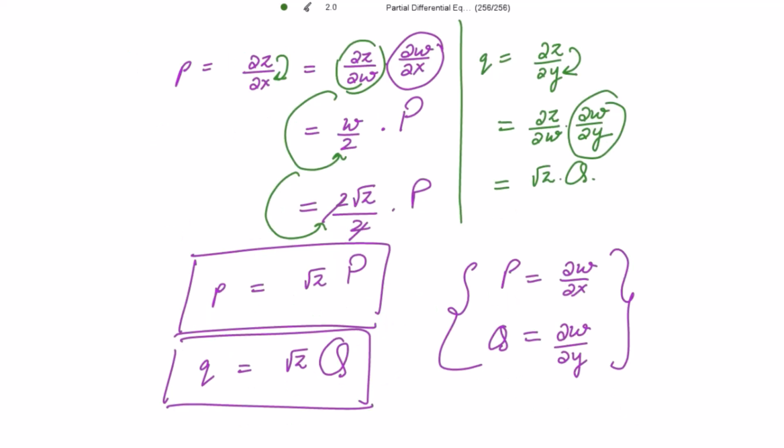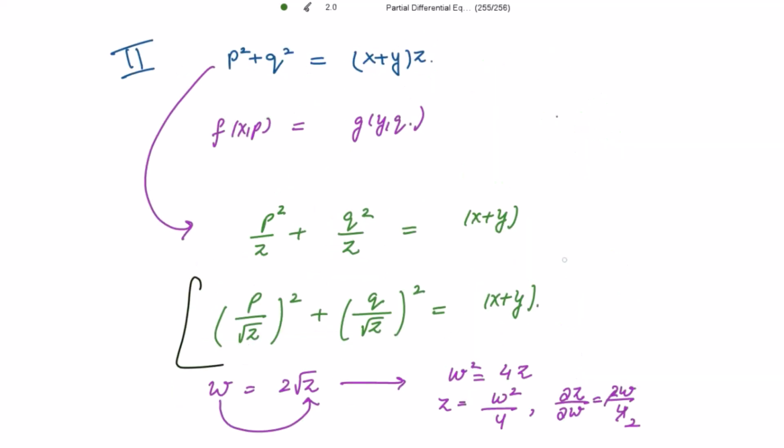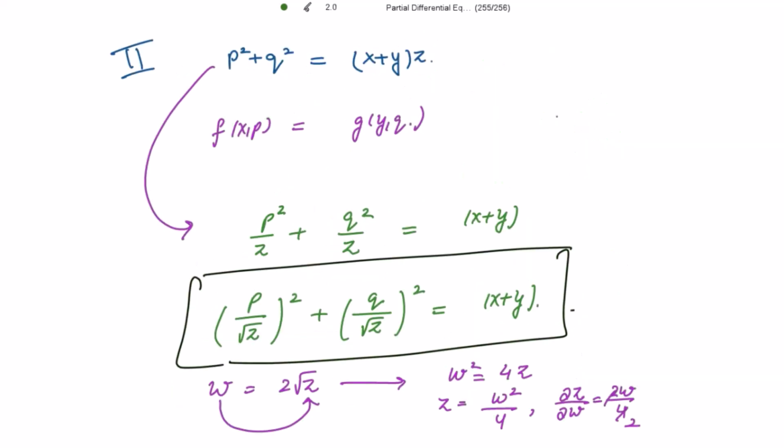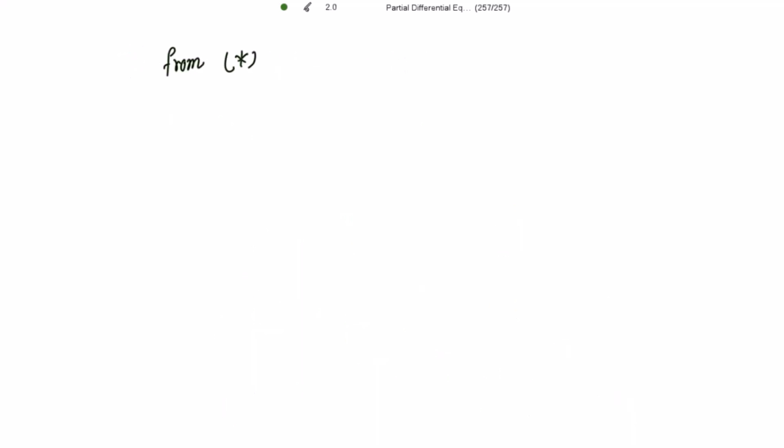When putting back these details of P and Q in this original equation, let me mark this as star. From star we get (p/√z)² + (q/√z)² = x + y.